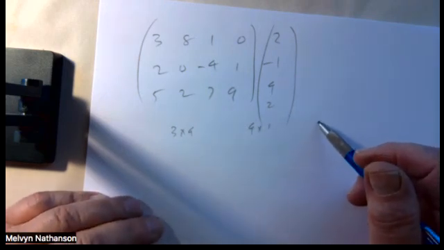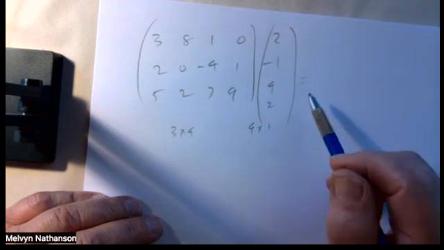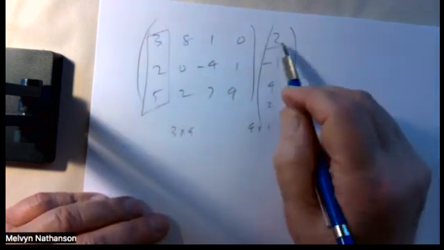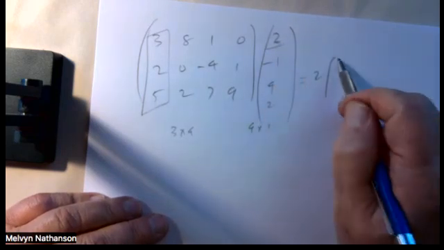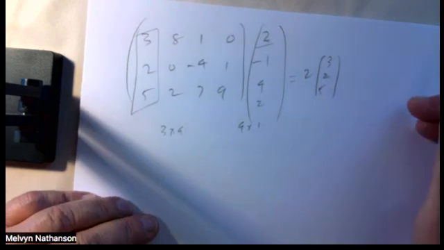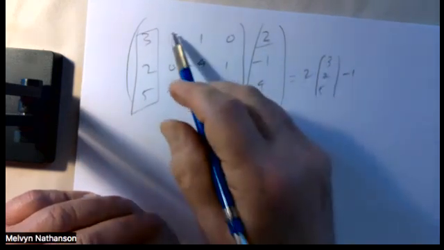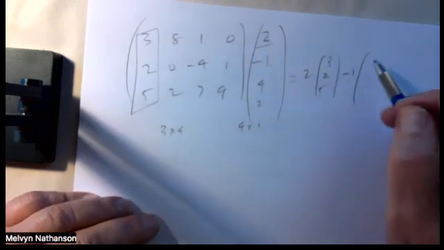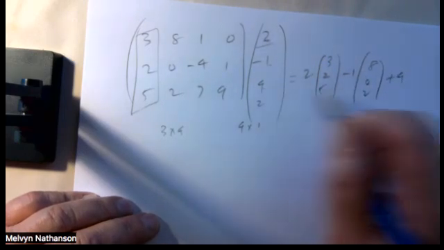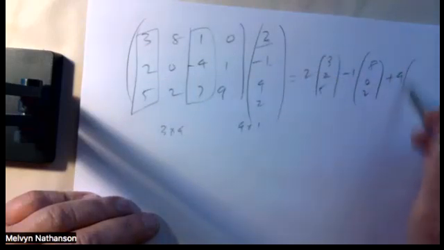And I claim this is exactly what you get by taking the first column of this matrix and multiplying it by 2, which is scalar multiplication of a vector by a number, minus 1 times the second column, plus 4 times the third column, plus 2 times the fourth column.